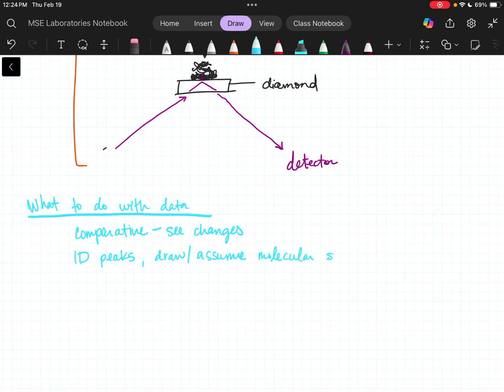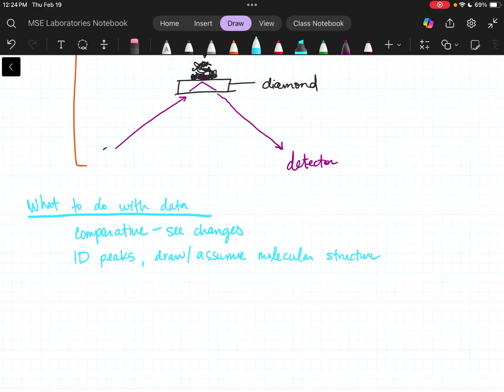We can also identify peaks and draw or assume molecular structure. That's what you're gonna do in an organic chemistry class. They'll hand you a scan and they're like, what material is this? And you have to take all the bonds and kind of fit them together.